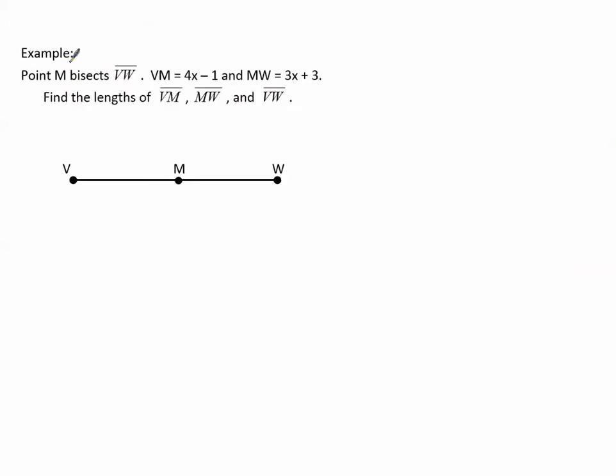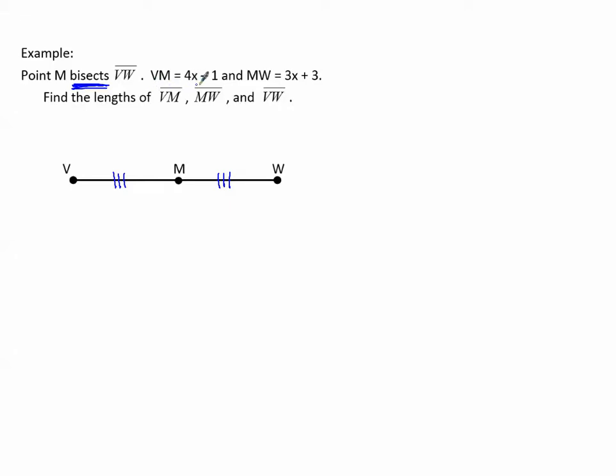Let's take a look at this example. Point M bisects segment VW. Before I keep reading, I want to illustrate in my picture what that looks like. If M is bisecting segment VW, that means this half and this half are congruent. Notice I'm using a new style hash mark as to not get it confused with the other pictures.